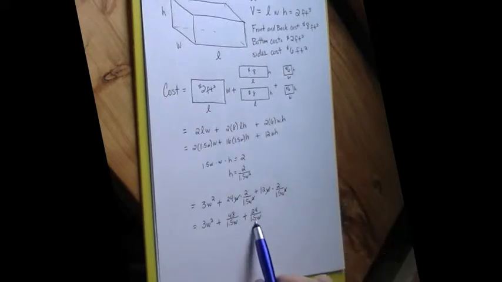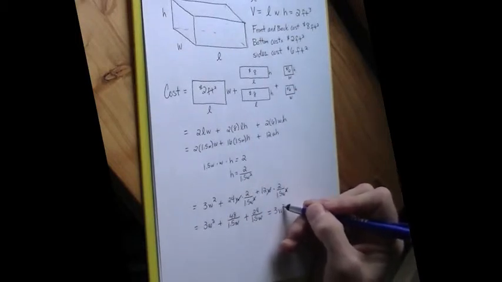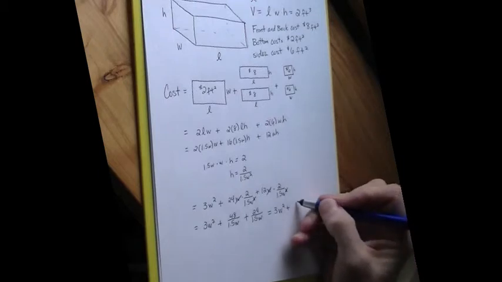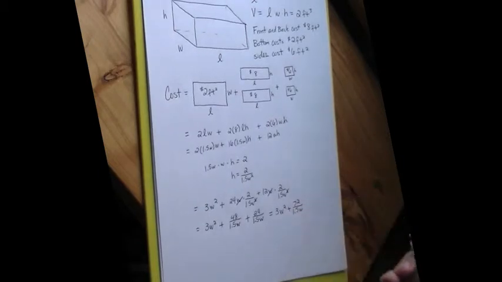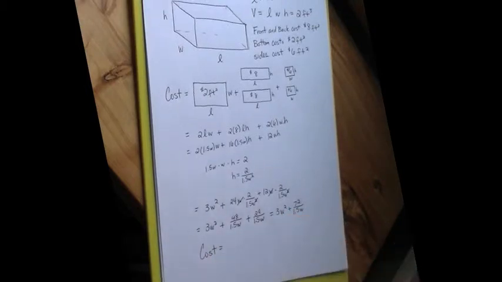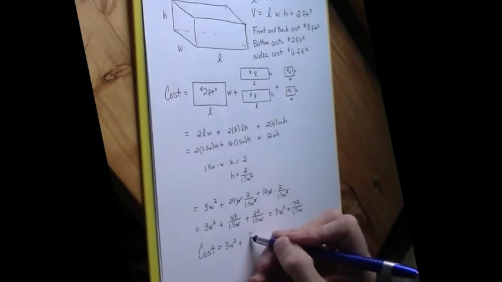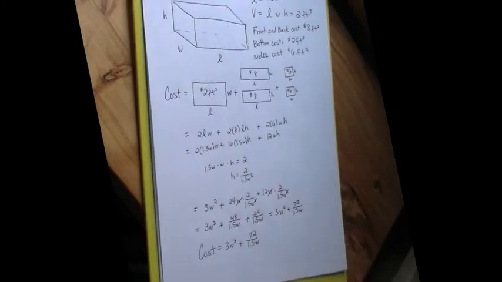Notice these have the same denominator, so I actually can combine them. I can add them together, and 48 plus 24 will be 72 over 1.5 w. So that's the expression for my overall cost. My overall cost is 3w squared plus 72 over 1.5 w.